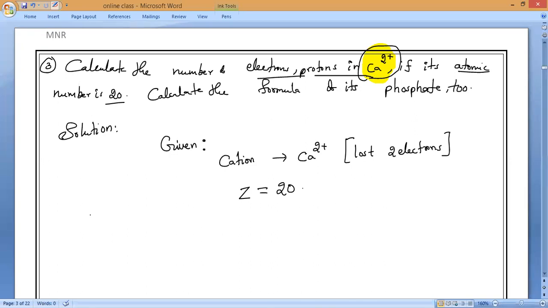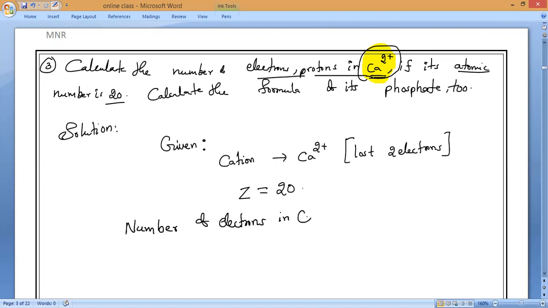All of you remember, if they ask to find the number of electrons in a calcium atom, we have to add the 2 electrons. If they ask to find the number of electrons in this ion, we remove the electrons. So what do we have to do, guys? Minus.